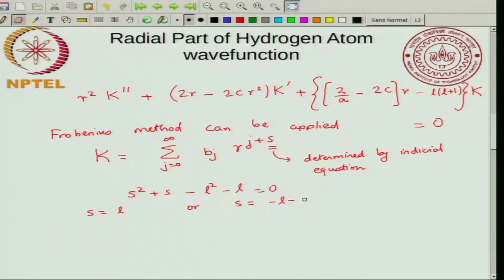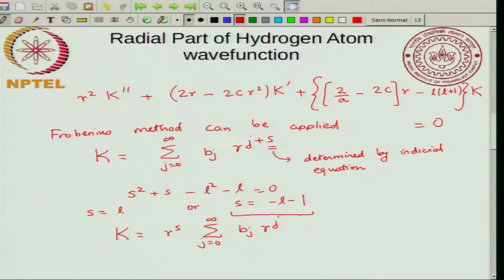So these are the two possibilities that you can get for the indicial equation. Now for S equal to minus L minus 1, remember here what it means is that you have k equal to r to the s times the sum over j equal to 0 to infinity of bj r raised to j.